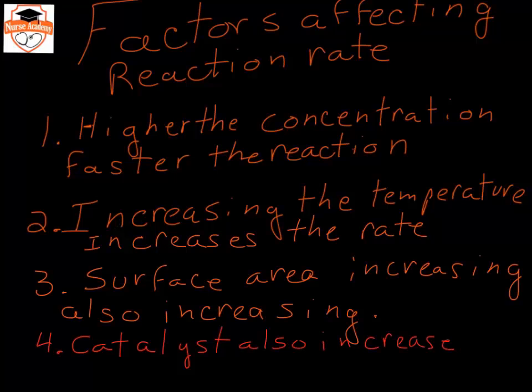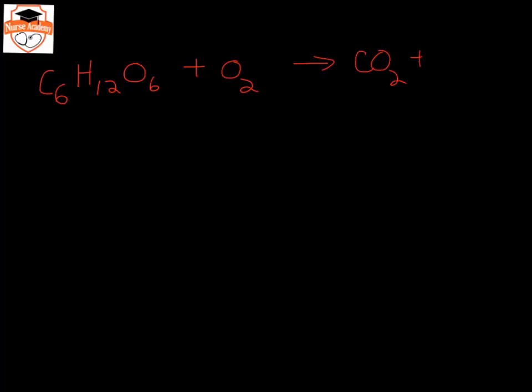In another video, we discussed cellular respiration. Cellular respiration is the conversion of glucose with oxygen to carbon dioxide plus water. I noted in the earlier video, and I'll note again now, that this looks very much like a combustion reaction.